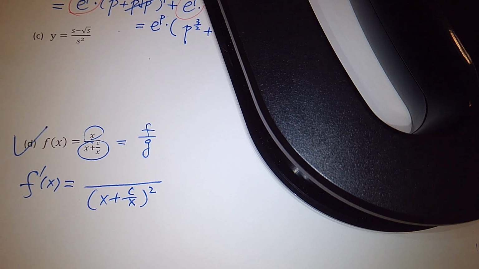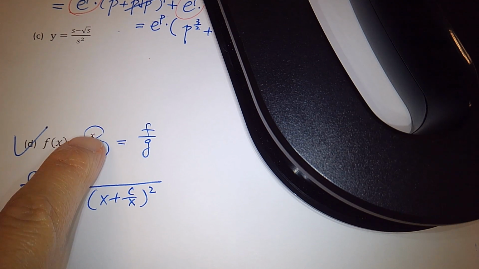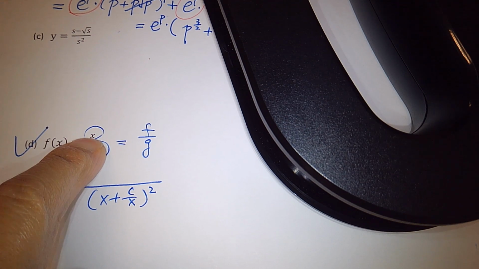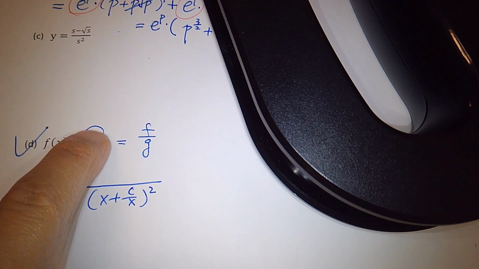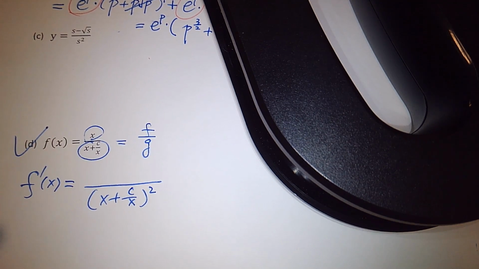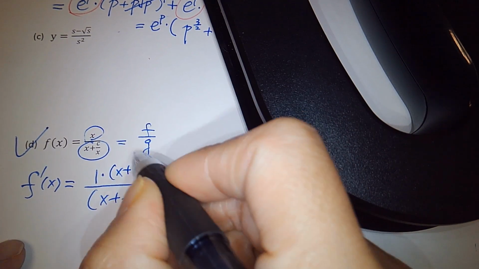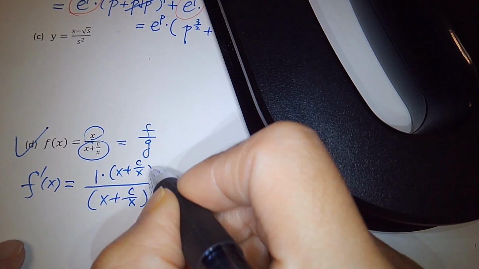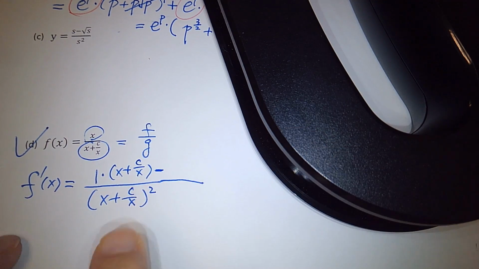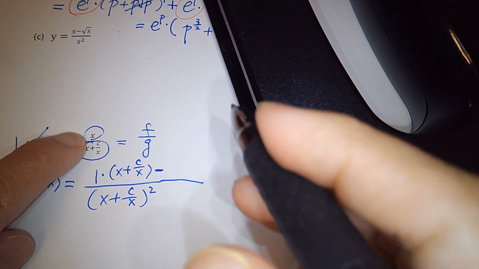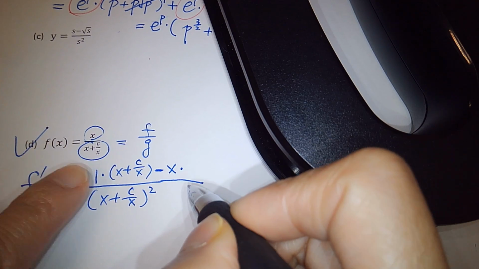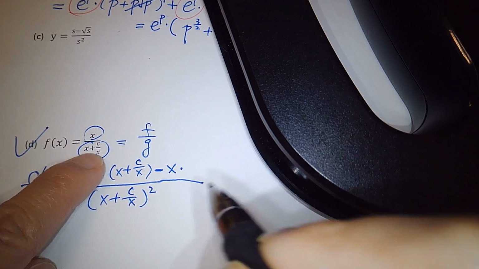On the top, differentiate f. What is the derivative of x itself? 1, times g, which is the entire bottom, x plus c over x, minus, keep the f, which is x, times the derivative of g.